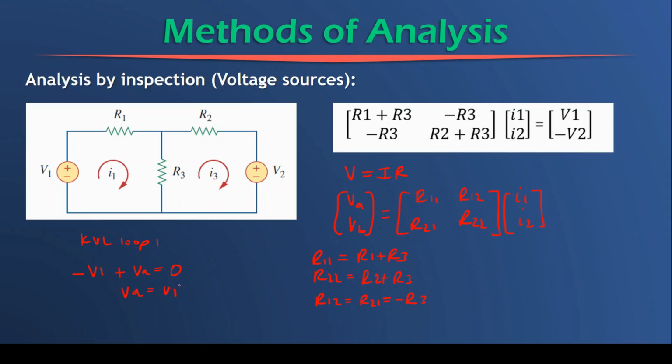And likewise in loop 2, if we go clockwise, we're going to say positive V2 minus VB is going to give us 0, which then tells you that VB is going to give us minus V2, which is what we see at that point.